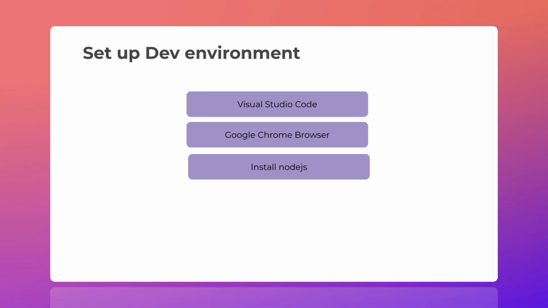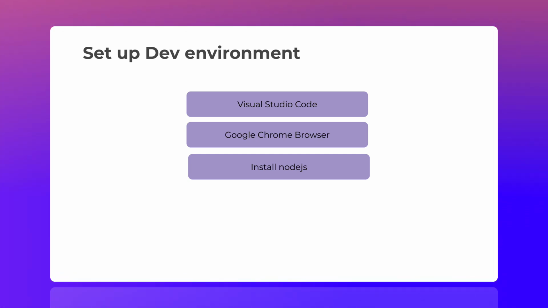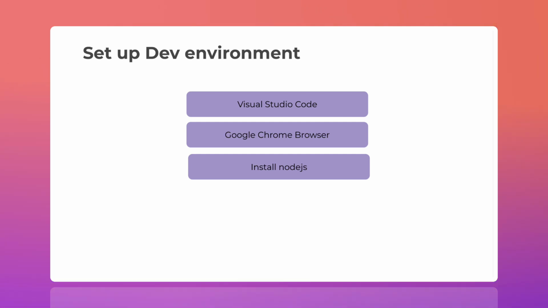The majority of the world uses Google Chrome, but I just want to emphasize this. In case you don't use Google Chrome, you will need to install it, because that is the best browser for testing our applications. And of course, we need to install Node.js for dependencies and all the things that we need on our machine so we are able to create React applications.